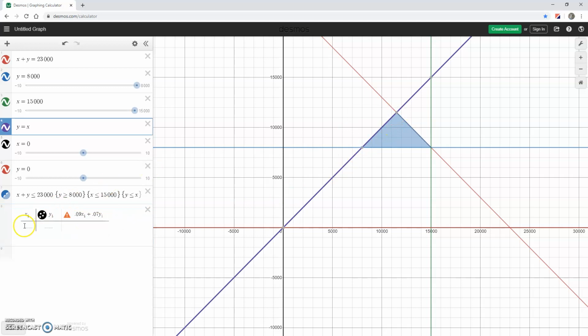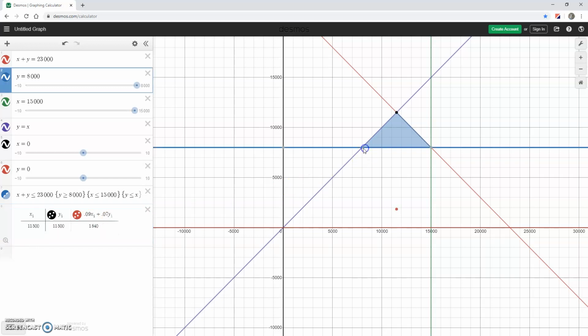So we have 11,500 and 11,500, 8,000 and 8,000, and 15,000 and 8,000.